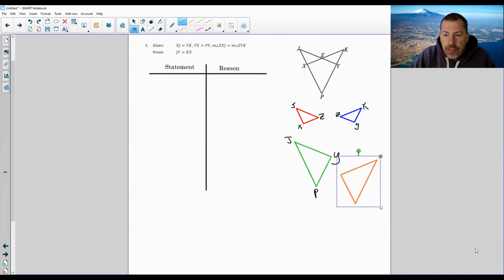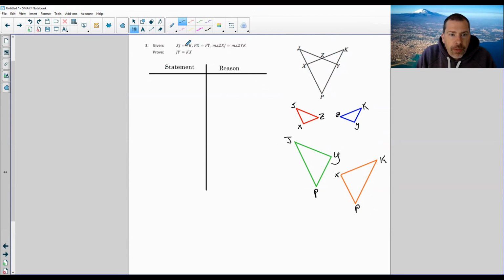I'll put this right here. So this is K, over to X here, and P's down here. So I've exploded this two different ways. There's a whole bunch of stuff going on here, but hopefully this makes it clearer.